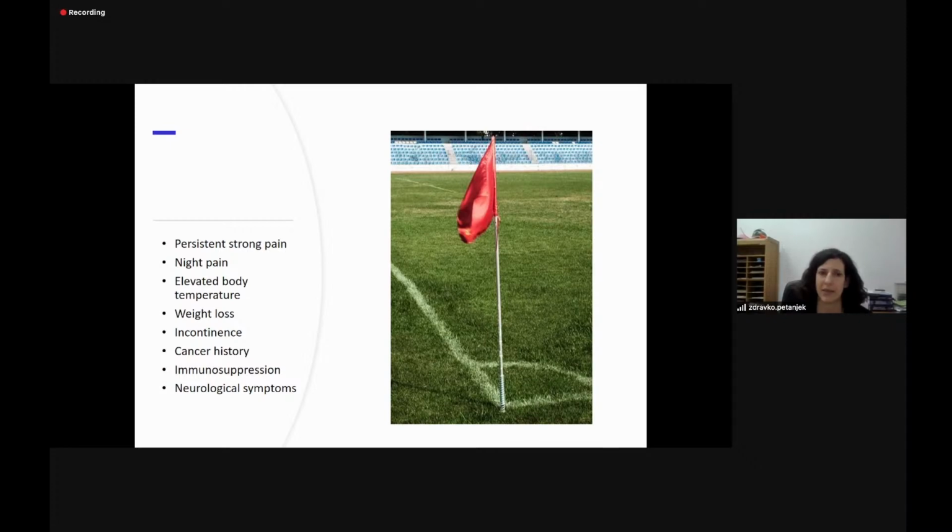If you have an elevated body temperature, there is a possibility of some kind of infection, either of the bone or the intervertebral disc. If you have weight loss, if the patient is sweating, or if you have incontinence, you have to think that the cauda equina might be affected.